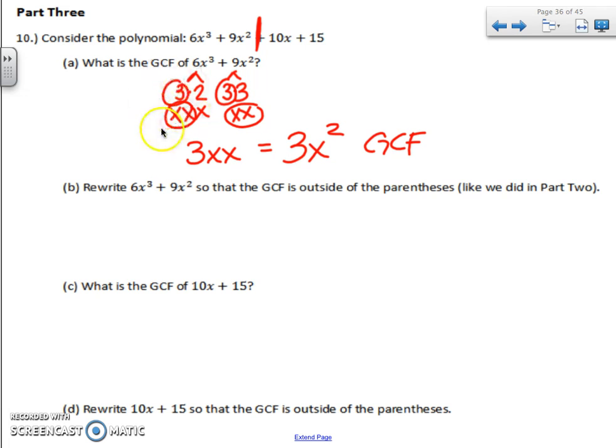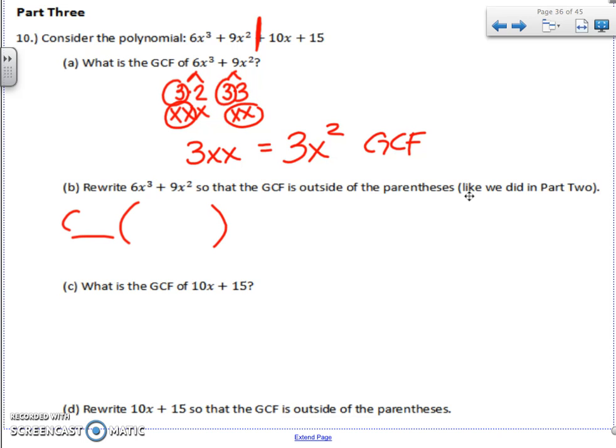So now I'm going to rewrite these 2 terms so that the GCF is outside the parentheses like we've done in the past. So remember, your GCF goes out here with the first 2 terms in the middle. So my GCF was 3x squared.